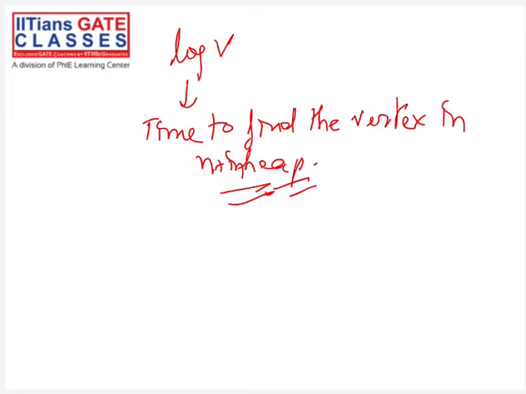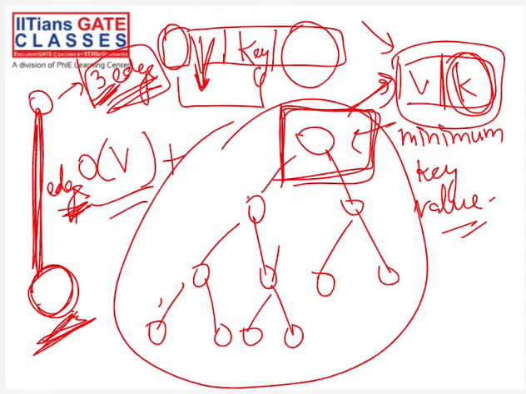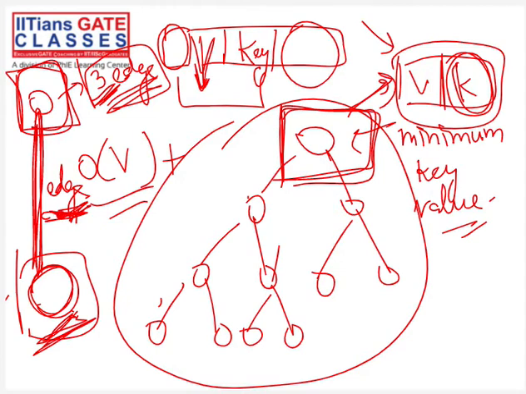Now once you have found the vertex, the second step is to check the key value. You know the key value of the vertex which is right now being processed, you know the key value of this vertex, and you know the weight of the edge also. So you'll check the weight and update the key value if required. Everyone clear? All of you will update the key value as and when required.